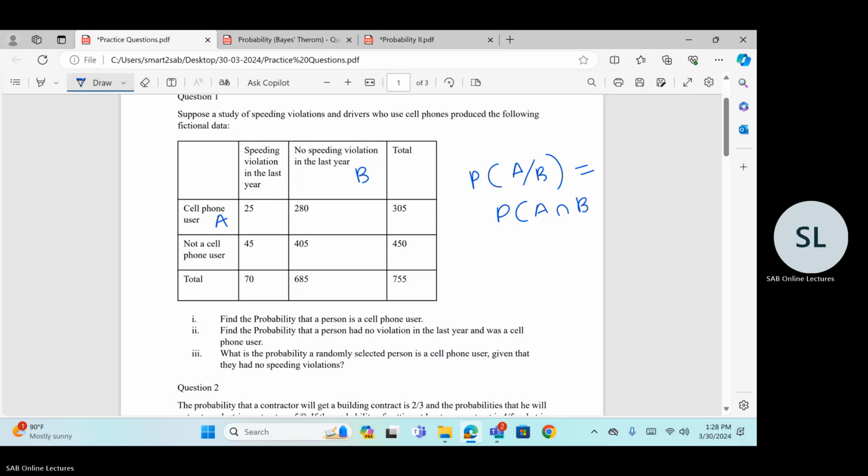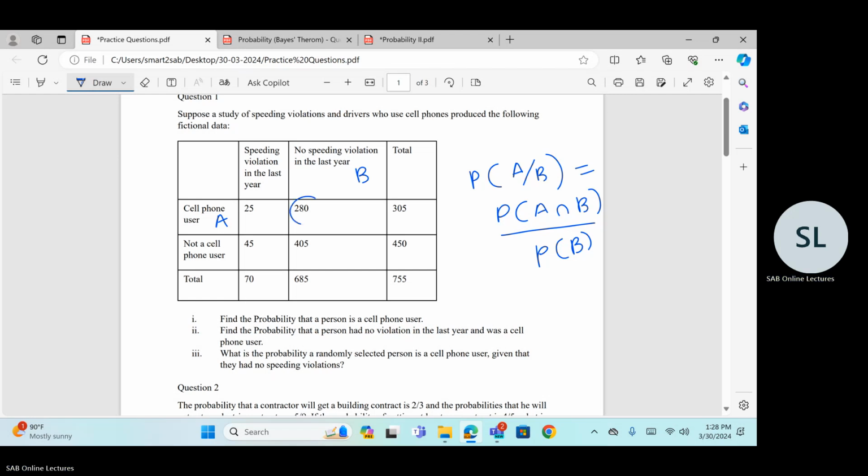Probability of A intersection B over probability of the first event. That's the structural formula to find the conditional probability. Then tell me the probability of the intersection: the person is a cell phone user and he or she had no speeding violation. What is the probability?